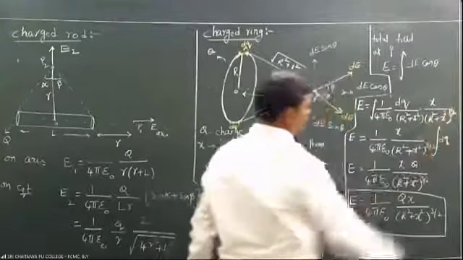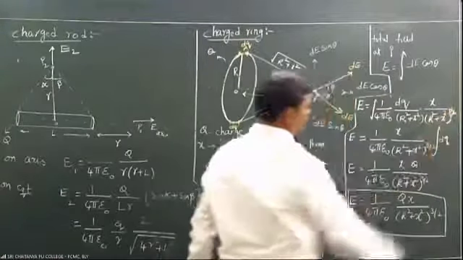Once x is much greater than r, r square plus x square is almost equal to x square. So r square plus x square whole power 3 by 2 becomes x square whole power 3 by 2, the 2 gets cancelled. This is equal to x cube. Right? Then what do you get?